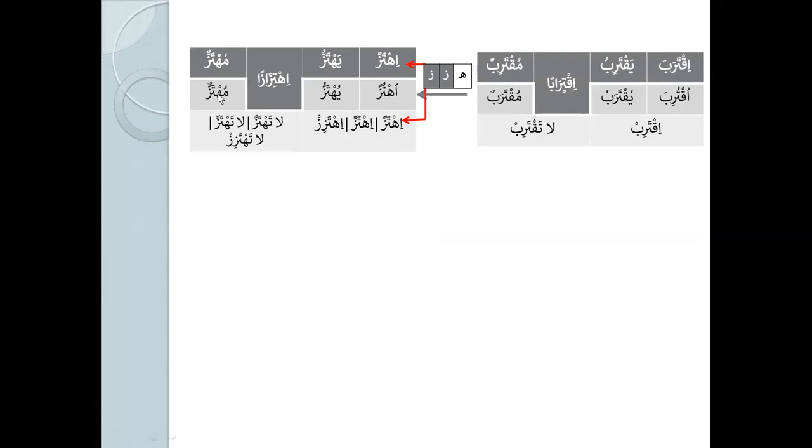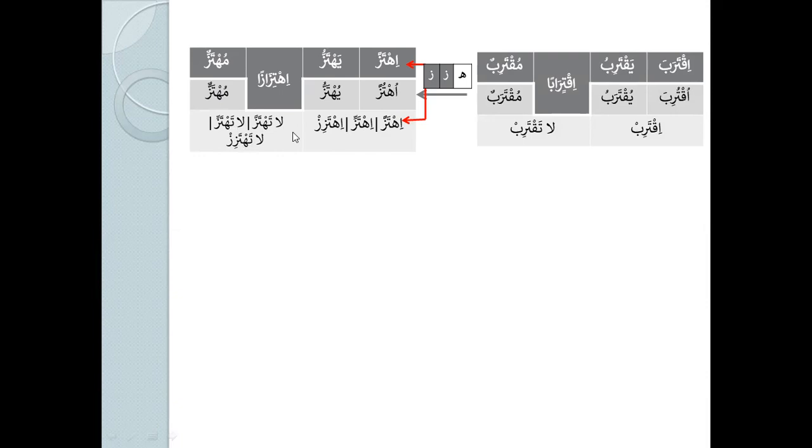The same thing happens as in other families: ihtazza and fi'l amr, which is again ihtazza, look the same. You've got three variations again: ihtazza, ihtazi, ihtaziz. And then again in fi'l nahi, three variations: la tahtazza, la tahtazi, la tahtaziz.